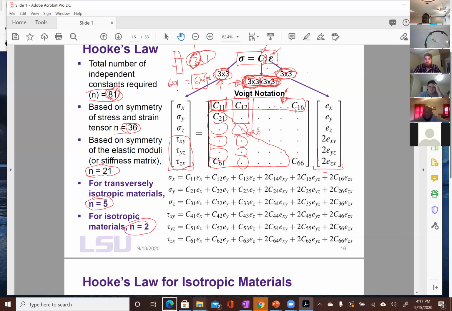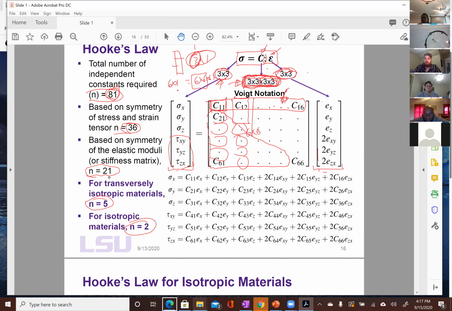So MATLAB can do this calculation actually, but it's also not efficient because you have 81 components, but you only need 21. So what a waste. So that's what you also benefit from void notation. You benefit from 2 levels of symmetry: first, the symmetry in the stress and strain, and the symmetry in the stiffness matrix.